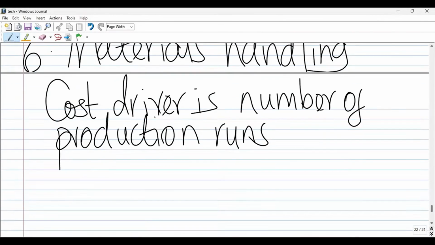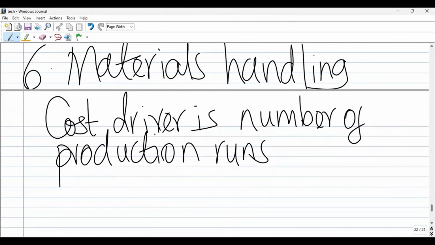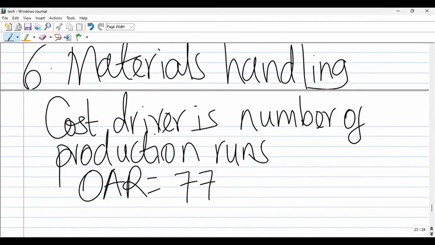If it's a labor related cost, then you use labor hours. But now this is machine related. So OAR is equal to the cost you are apportioning, that is the material handling cost. They have given us 7,700.